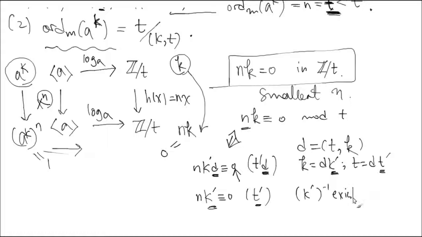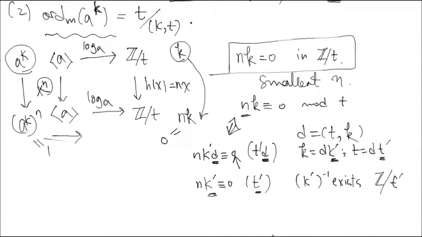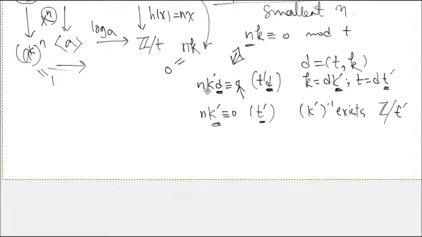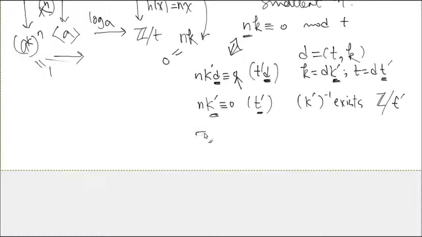And here's a trick question. Z mod in what world? Not Z mod t, because you were doing the Z mod t prime world here, right? Therefore, it had to be Z mod t prime, the modulus t prime here. So what is the next part?